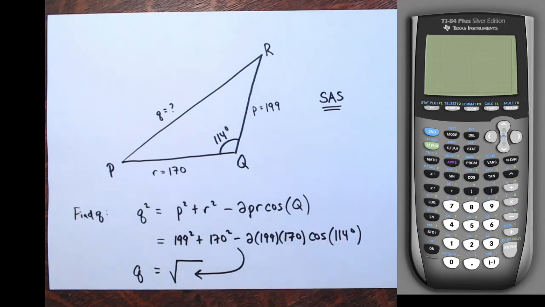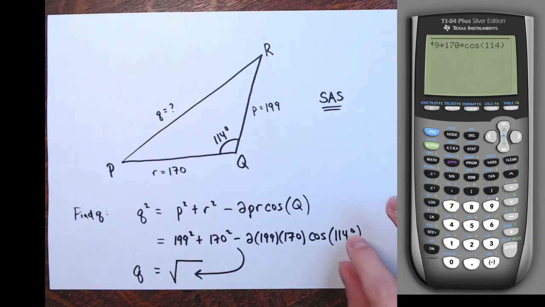My angle measures in degrees, so first I'm going to check to make sure that I'm in degree mode, which I am. Alright, so I'll enter this: square root of p squared, 199 squared, plus r squared, 170 squared, minus 2 times p times r times the cosine of 114 degrees.